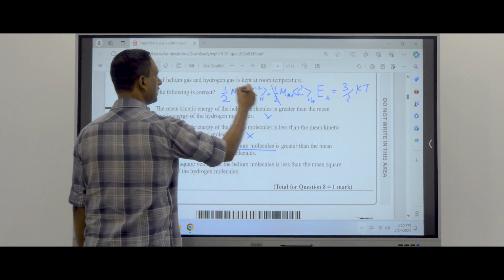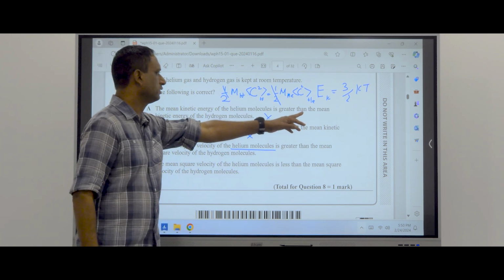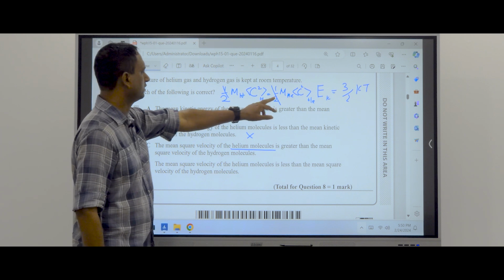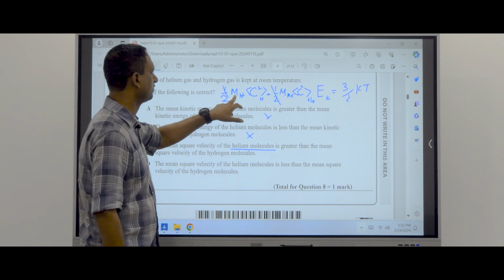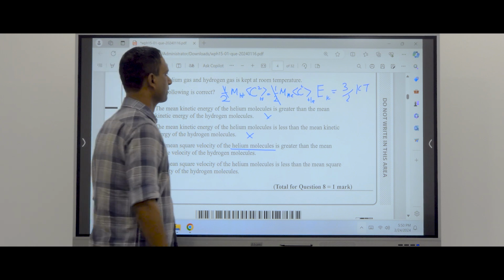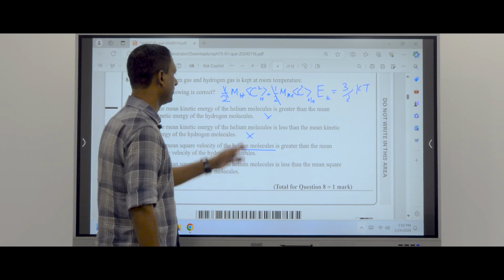When you cancel half to half and these two are equal, then definitely, since the mass of helium is greater than the mass of hydrogen, the mean speed of hydrogen is greater.